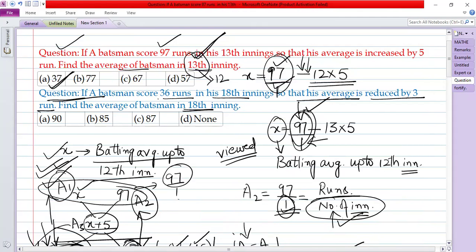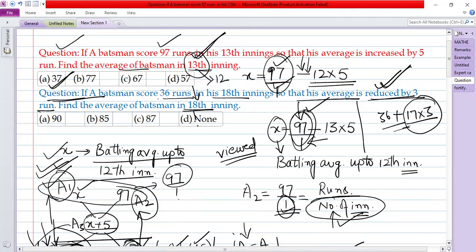If I directly use the shortcut that I discussed in the previous lecture, since the average is reduced, I will add the underperformance, the total decrement, but up to the 17th match. Why? Because it is the 18th match here. So 17 into 3 is the total decrement up to the 17th match, and I will add 36. This will give us our answer.